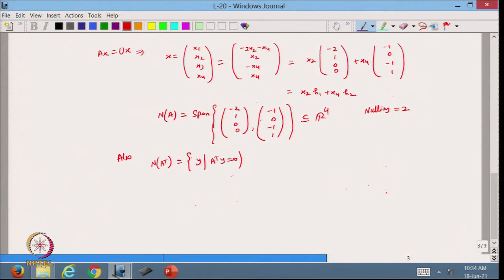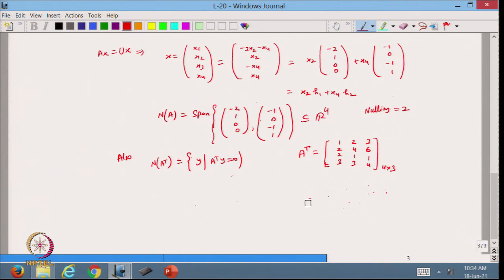So, in this case we want to find A transpose, which is basically the matrix with rows (1, 2, 3), (2, 4, 6) and (1, 3, 4)... of course, it will be 4 cross 3.